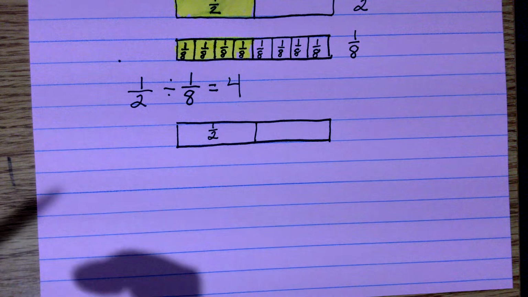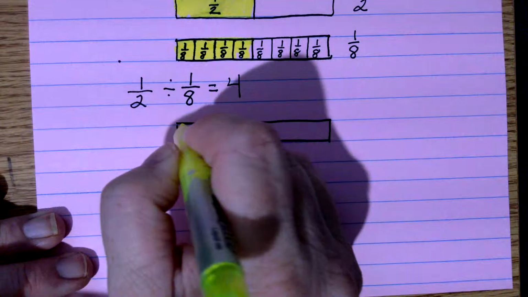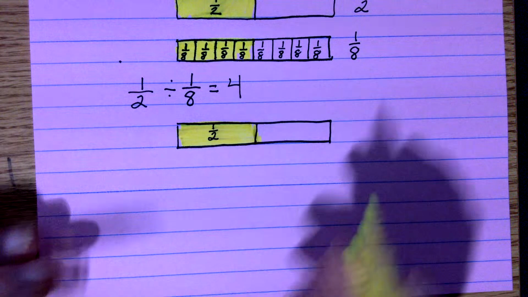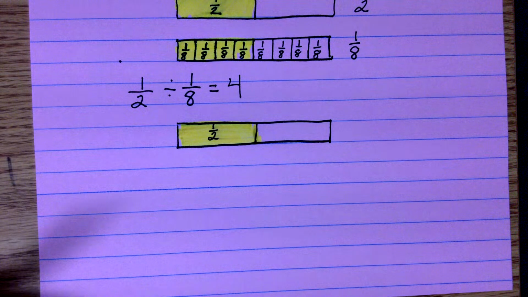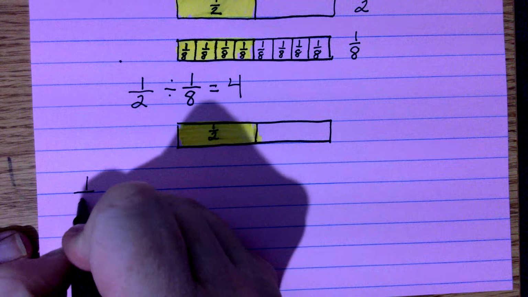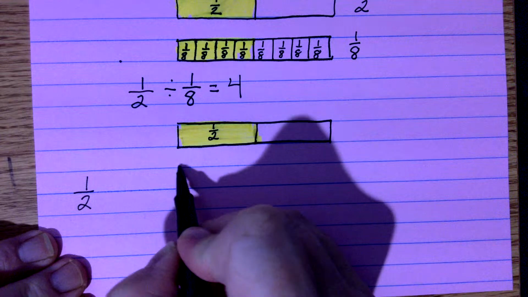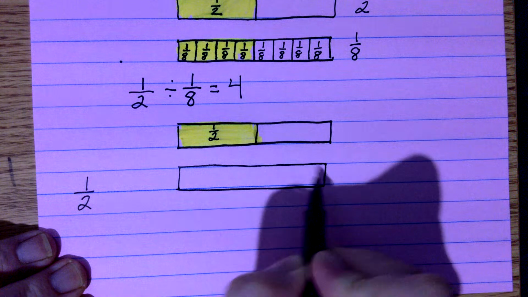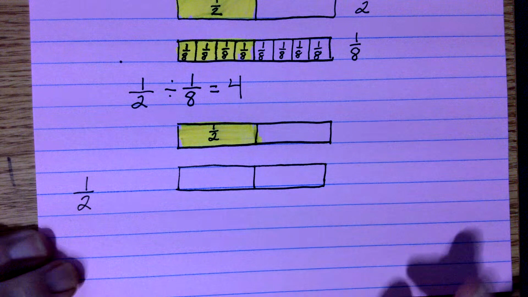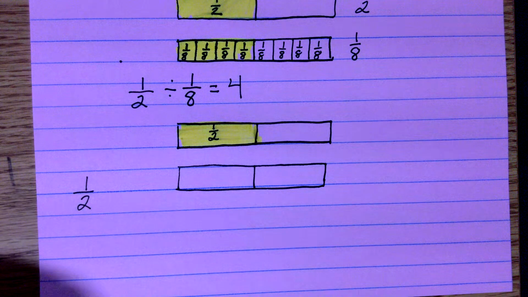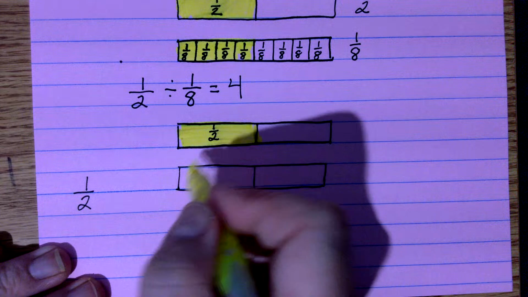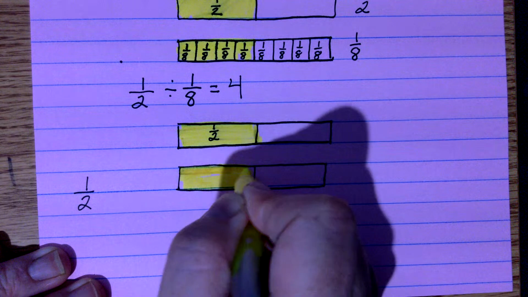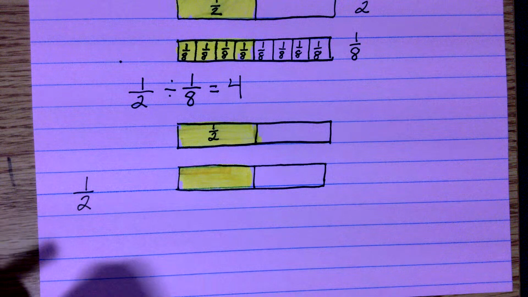So if I have 1/2, again, that's going to be the first number in my division problem, 1/2. And I'm going to take that same 1/2, and the reason I'm drawing it below is so that you can see I started with 1/2. I'm still using 1/2, but now I'm going to divide that half into something different.